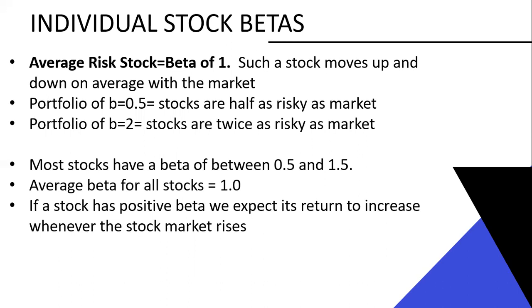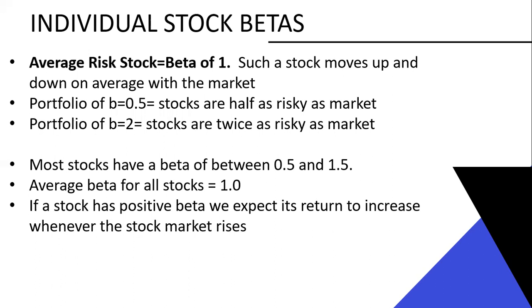Okay. So now we're going to talk a little bit more about stock betas. And I'm going to start off by talking about individual stock betas. Now, the average risk stock has a beta of 1. Okay, so any average stock is going to have a beta of 1.